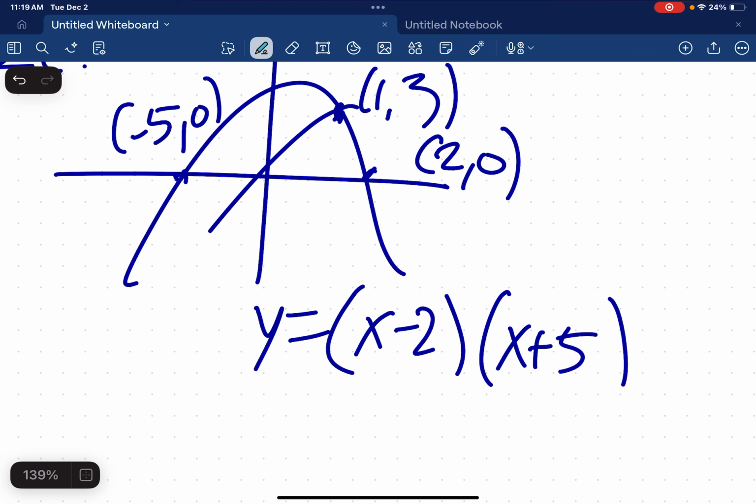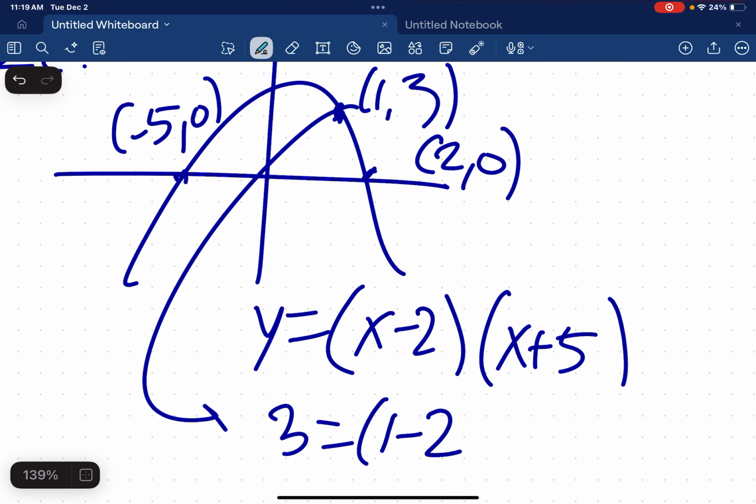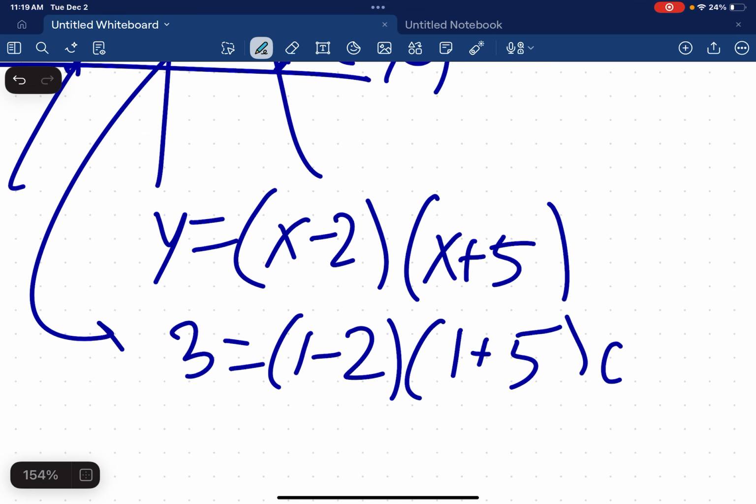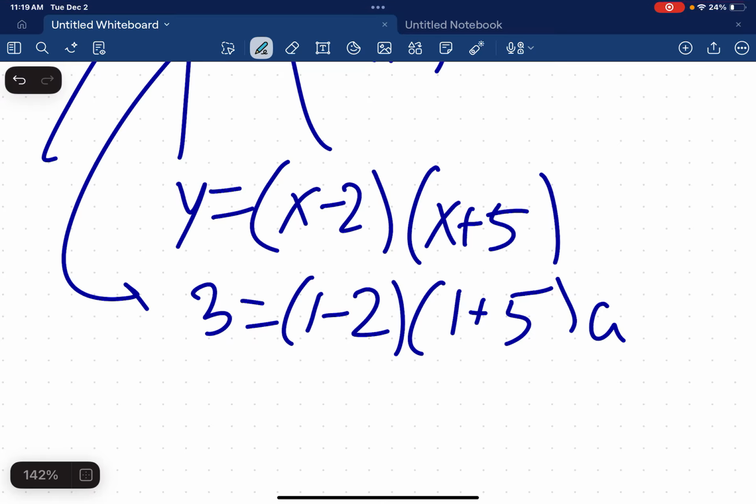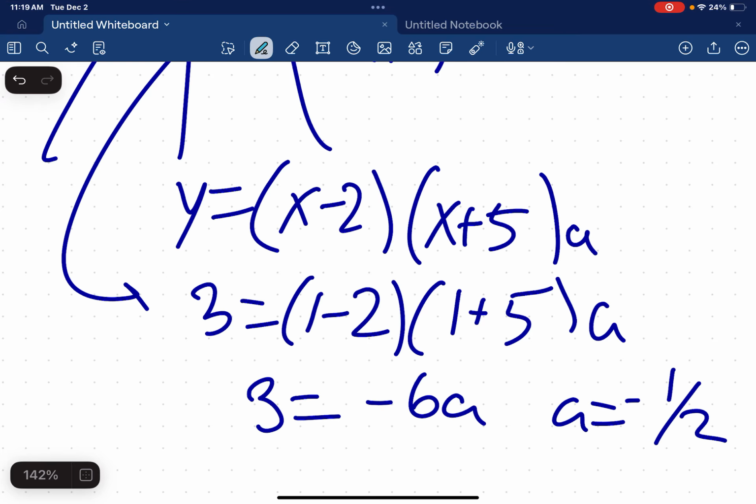We're going to plug in these coordinates to get 3 is equal to (1 minus 2)(1 plus 5)a. So 3 is going to be equal to negative 6a. A is going to be equal to negative 1 over 2.